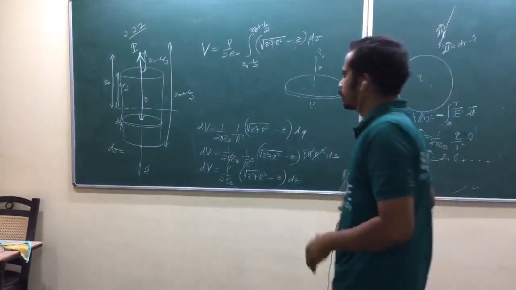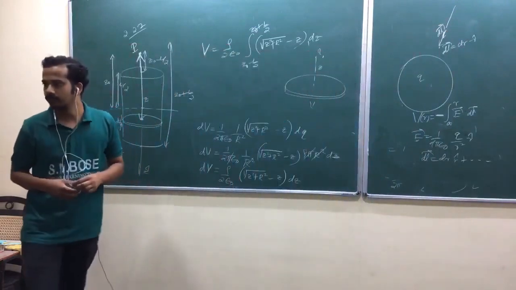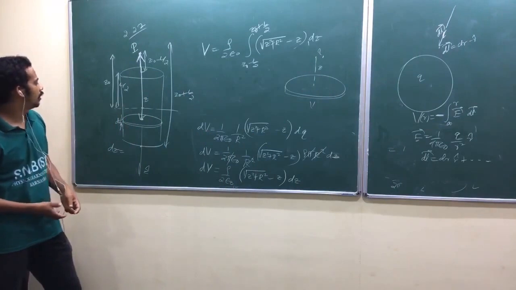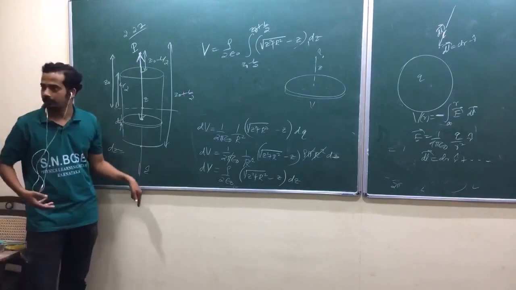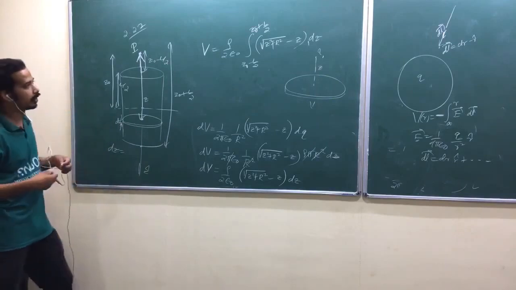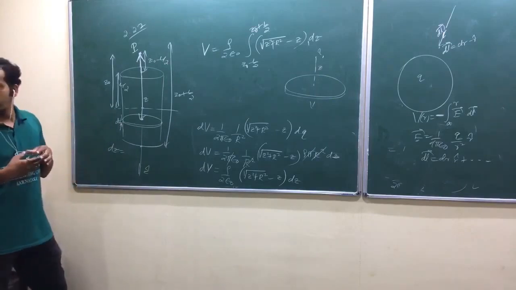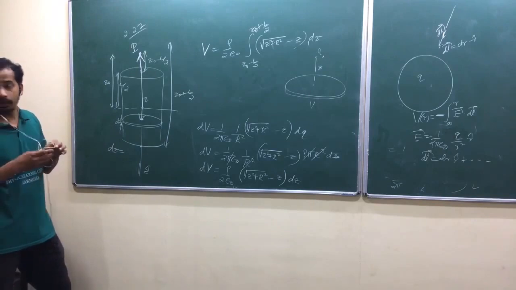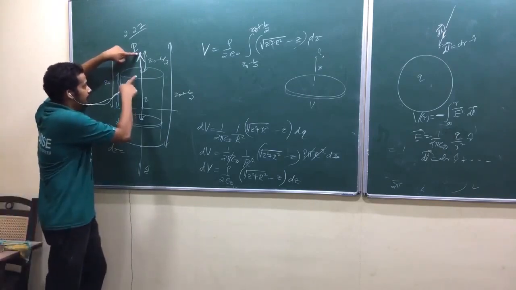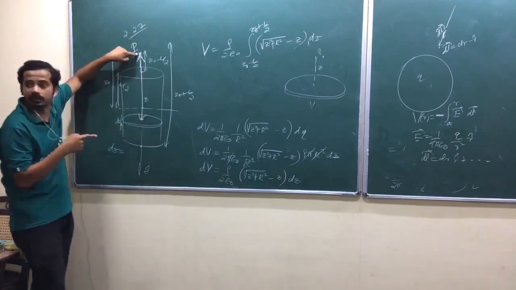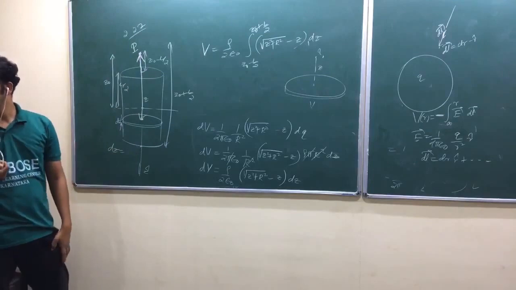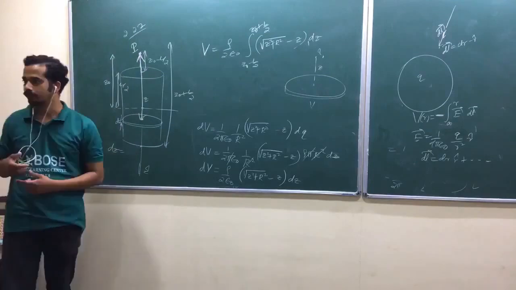Wait a second. Direction of dz. Yeah, this z cap. Yeah, above to below. But remember, how did you define z? Now, when you move from above to below, z is increasing. dz will be positive.